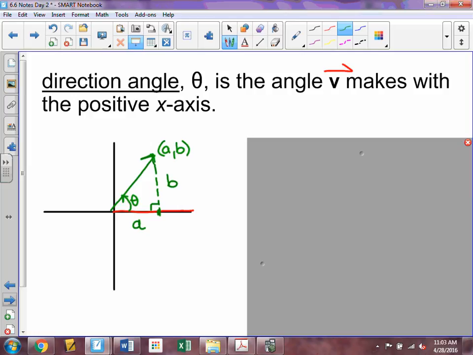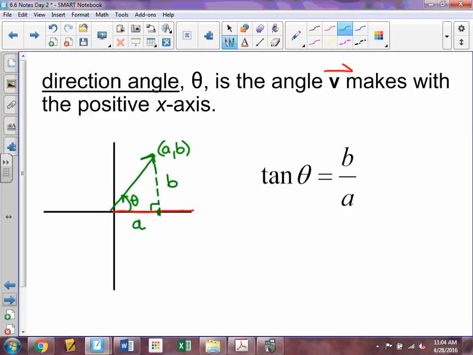Isn't SOHCAHTOA, this is a right triangle? Isn't this opposite over adjacent? I mean, you could use the law of sines if you wanted to find that, but just opposite over adjacent is easier. So that's what our formula is for our direction angle: the tangent of theta equals b over a. Because when the angle is made with the positive x-axis, that's the triangle we end up getting. It does become a little more complex than the other quadrants.